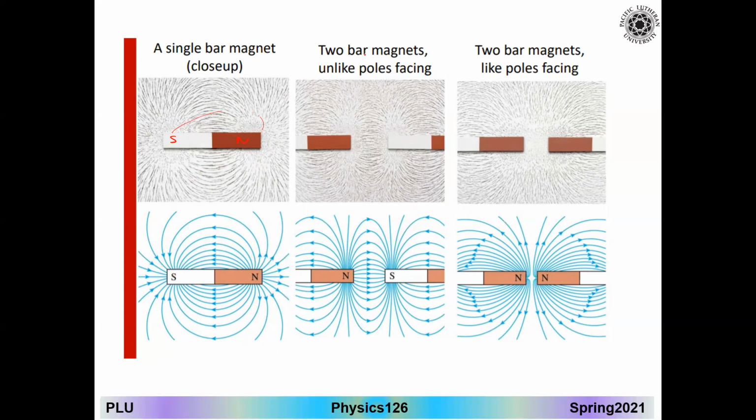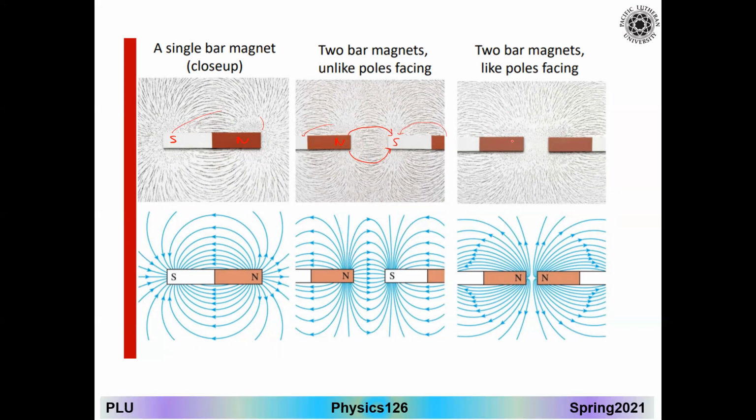When we have two bar magnets, here is the north and here is the south. So it has attraction; it comes out from the north and comes into the south. So that's the direction of my magnetic field in this particular area. Here it comes out from the north, comes into the south. So those are the directions for magnetic field lines.